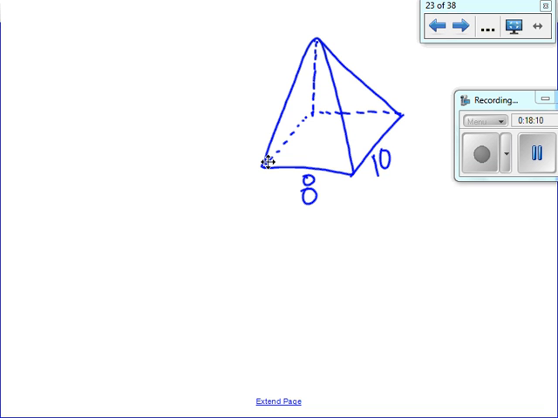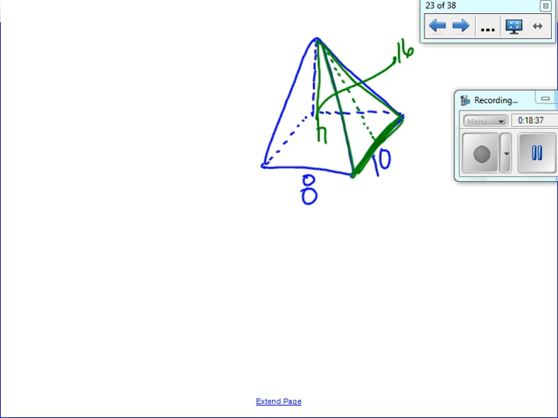Okay, so now I'm trying to find the slant height of this triangle over here. For this triangle, I've got the regular height inside, which was 16.